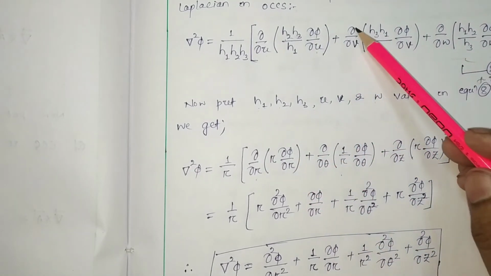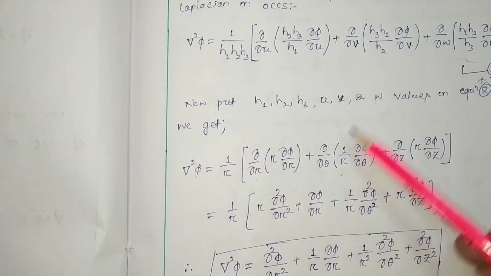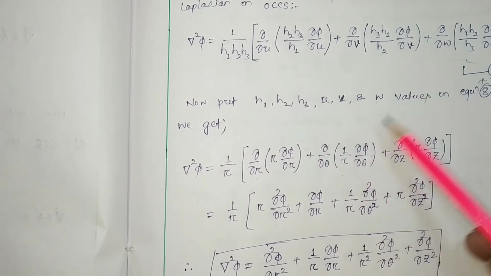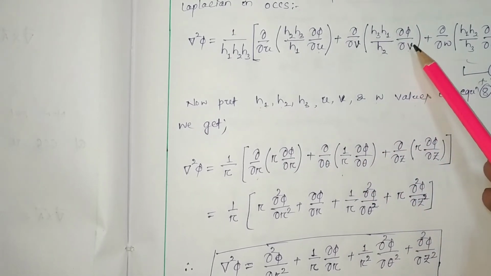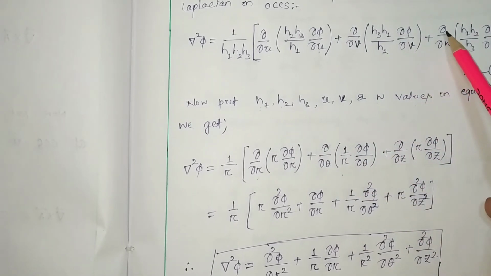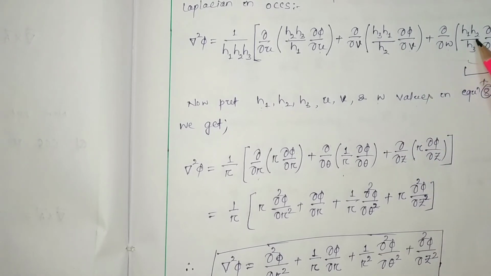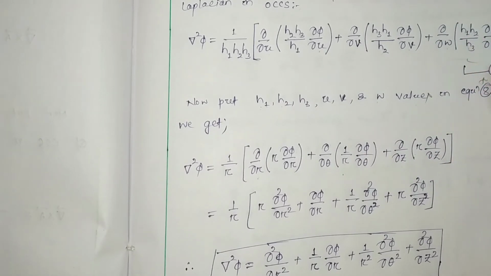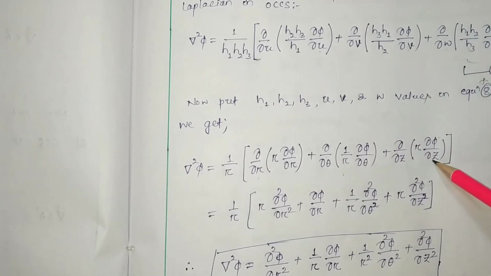Here del by del v means del by del theta, with 1 by r, because v is theta. And then del by del z: H2 is r, H1 and H3 are 1, so r into del by del z of phi, because w is z in case of CCS.